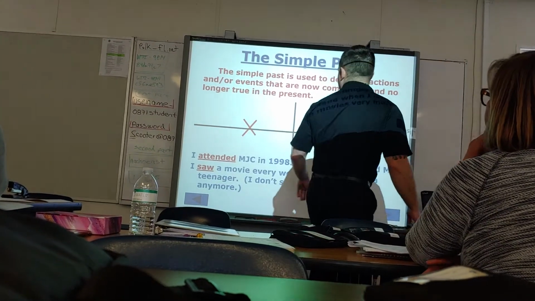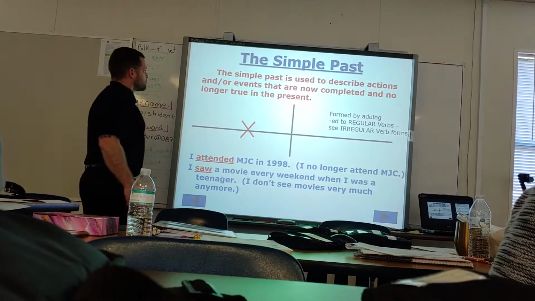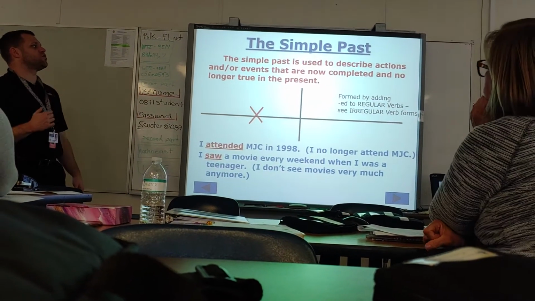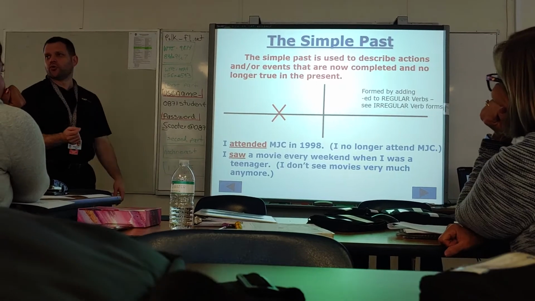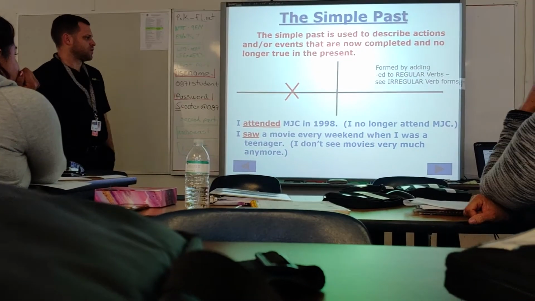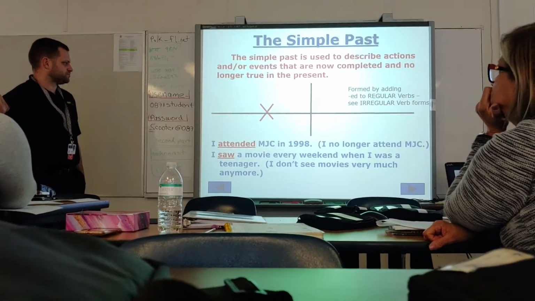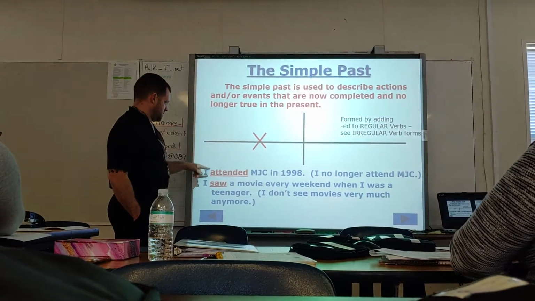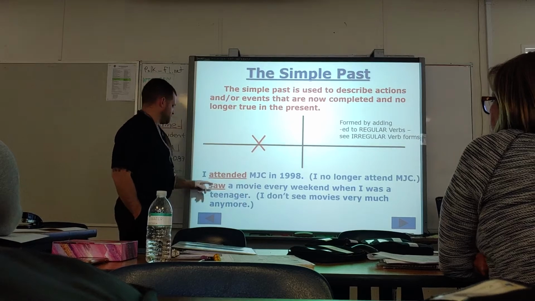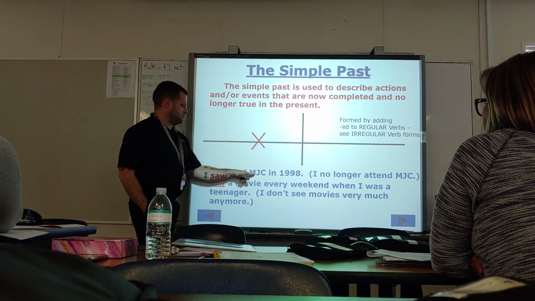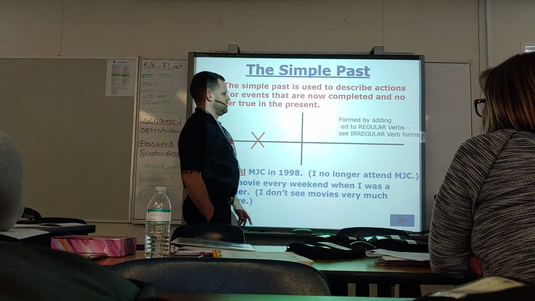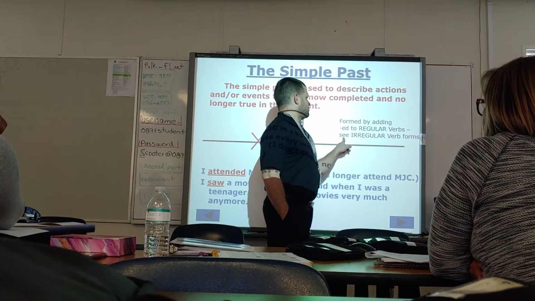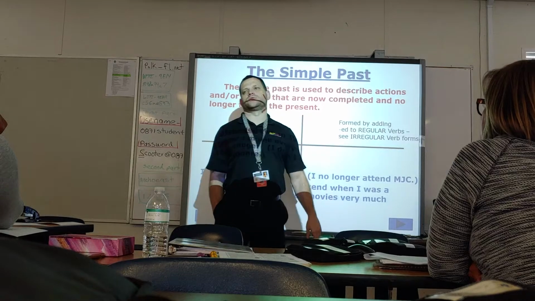All right. The simple past is used to describe actions and or events that are now completed and no longer true in the present. So right here, I attended MJC in 1998. You add ed to regular verbs, and then you look at the irregular verb forms.